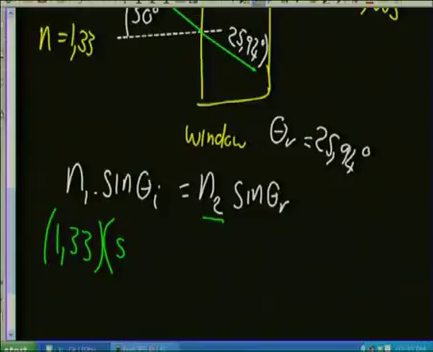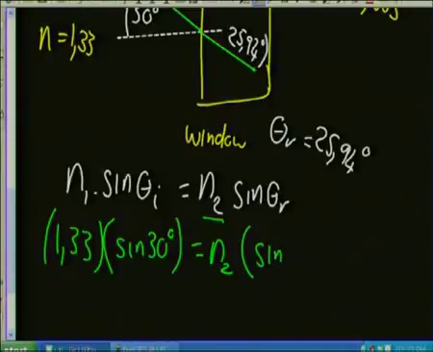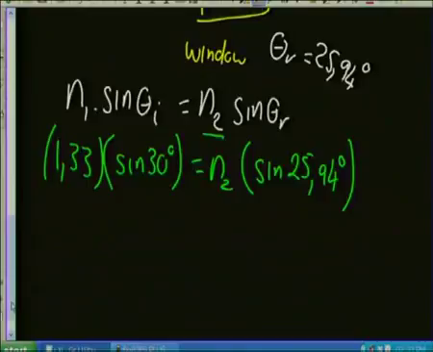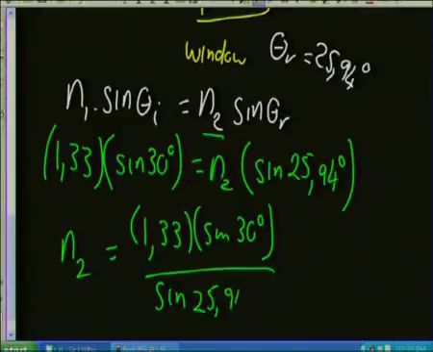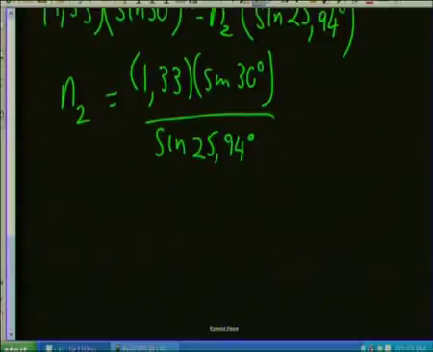We're wanting sine of 30 degrees, which is equal to N2, the refractive index of glass, times the sine of this angle, 25,94 degrees. And if we now rearrange the subject of the formula before we put it on a calculator, that shouldn't be a problem. We get 1,3 times sine of 30 degrees divided by sine of 25,94 degrees. And it's all looking very good.